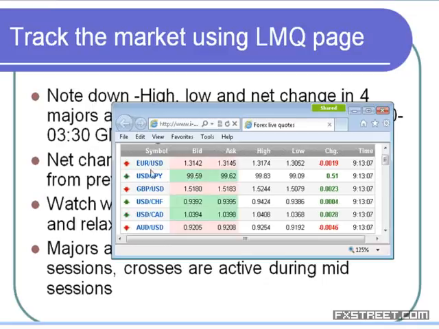So this is a 24 hours market. In order to track it, we need to follow the GMT time frame. This GMT time frame is very important. Since it is a 24 hours market, you should not track it like a 12-hour clock cycle, because there is no morning and evening as far as GMT time is concerned. It is a 24 hours clock.